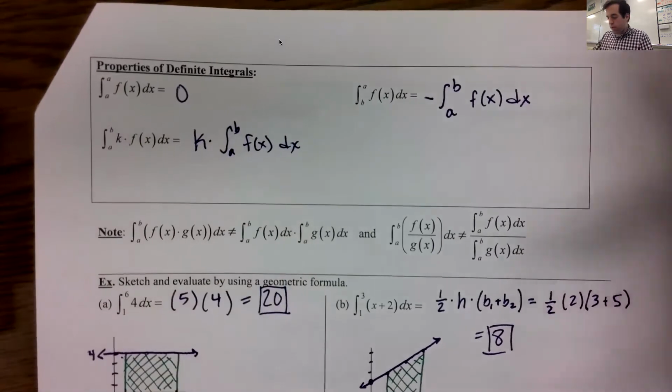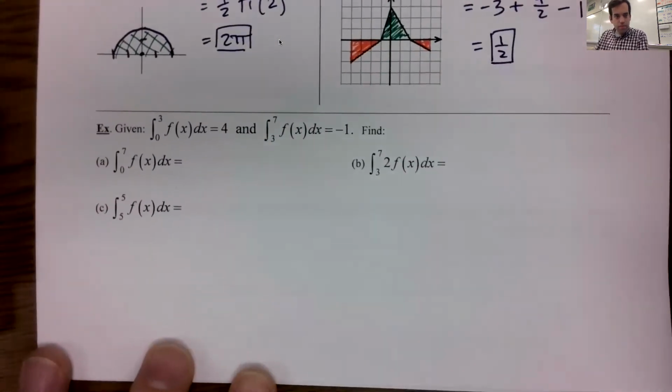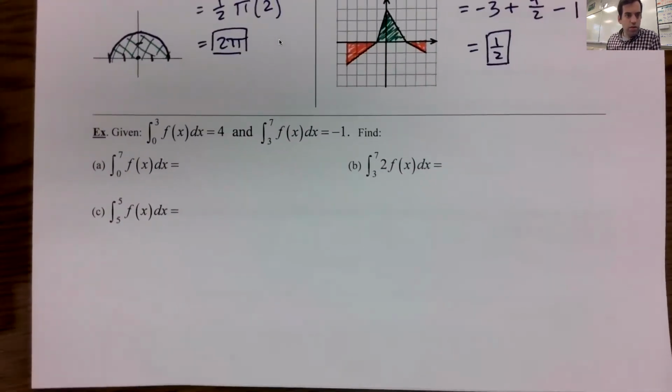And we're going to apply those down here at the bottom. So given that the integral from 0 to 3 of some function is 4, and the integral from 3 to 7 of some function is -1, let's find these three integrals.